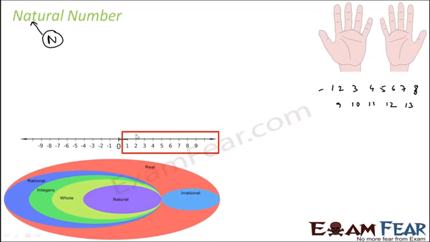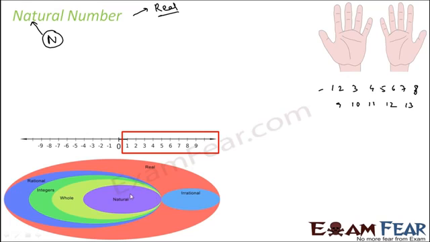You see this red box? This represents the natural number portion of this number line. As I told you, natural number is also a real number. In fact, all the numbers which we will study in this class will be real numbers. Okay? So real numbers can be represented on the number line. This natural number can also be represented on the number line.